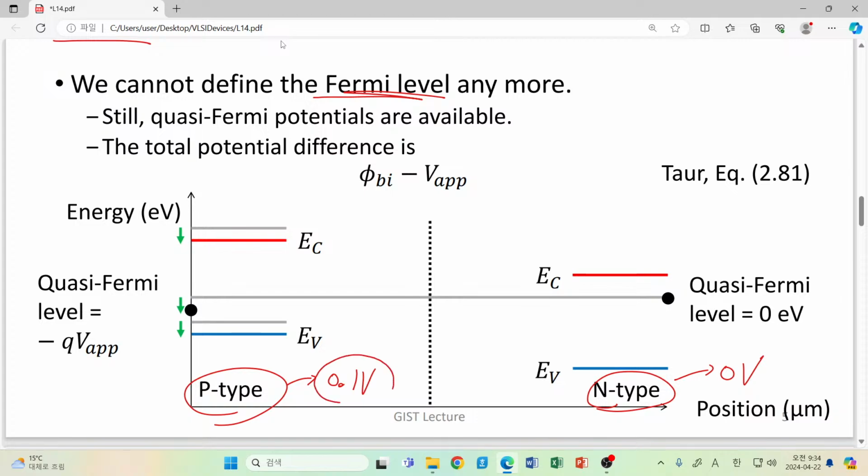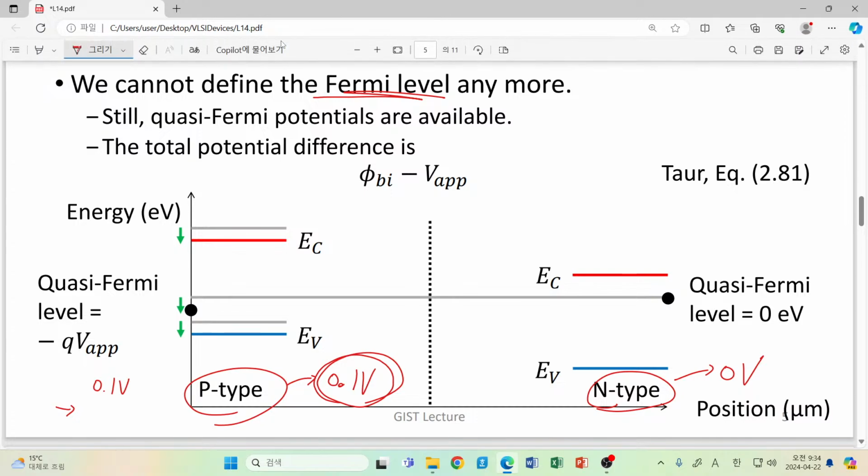Since this is just 0.1 volt, when it is converted into energy, we must multiply by minus q, because we are now taking the electron picture. So the electron has negative polarity for its charge, so we have to calculate minus q times 0.1 volt.